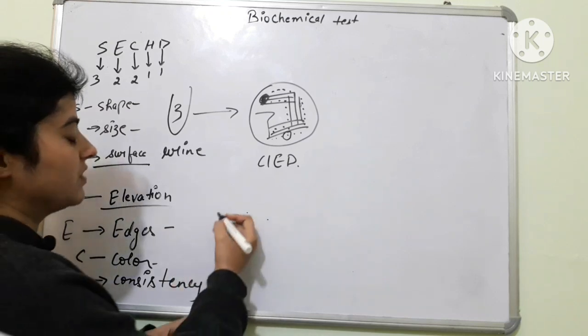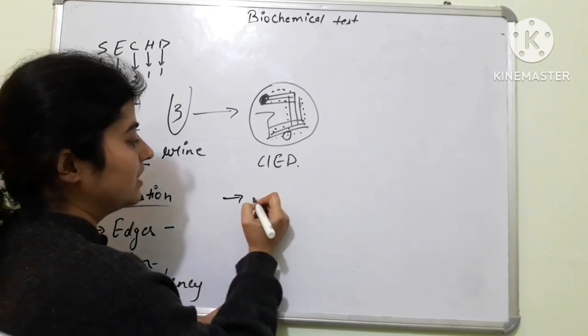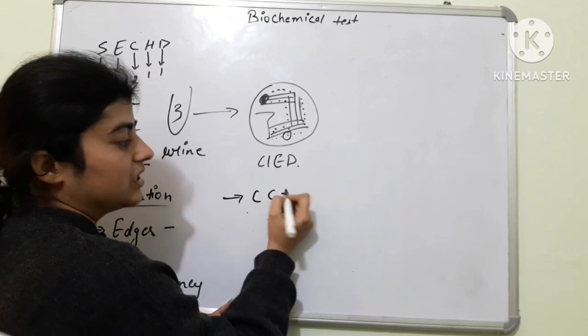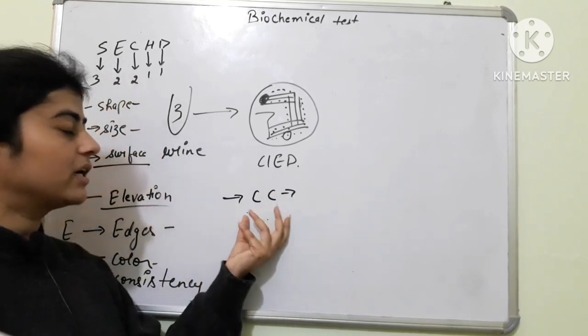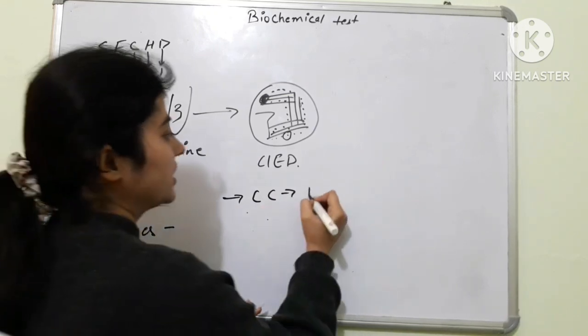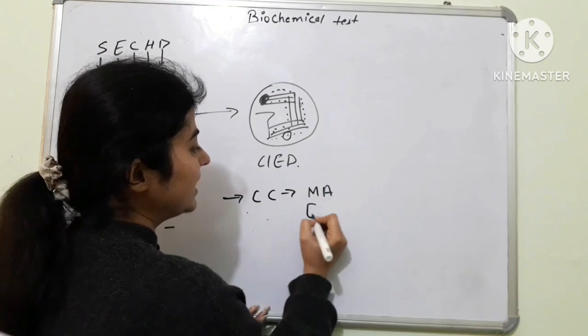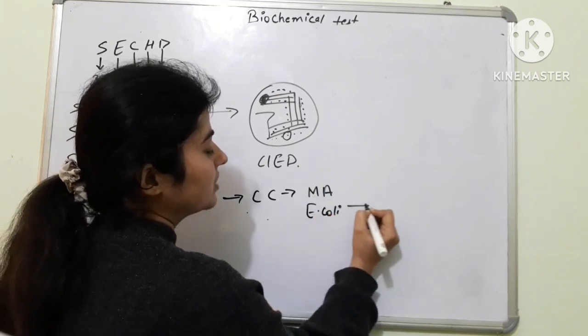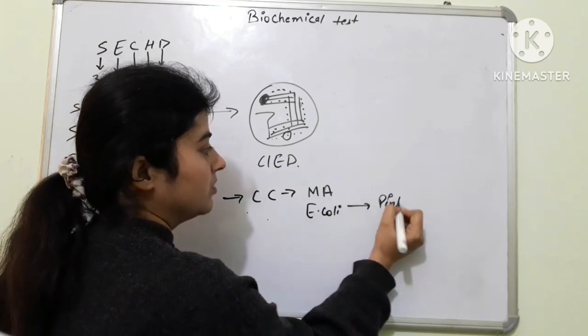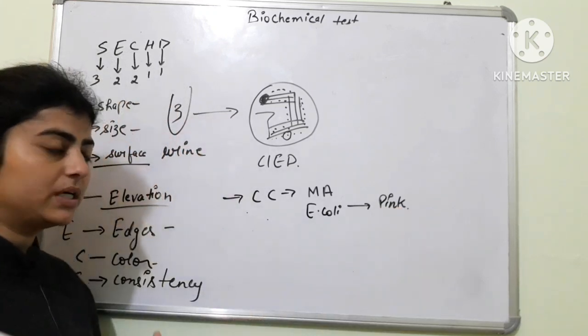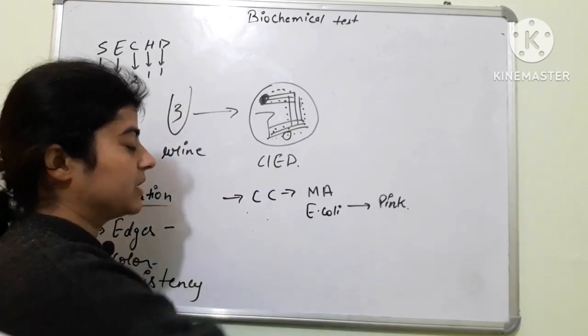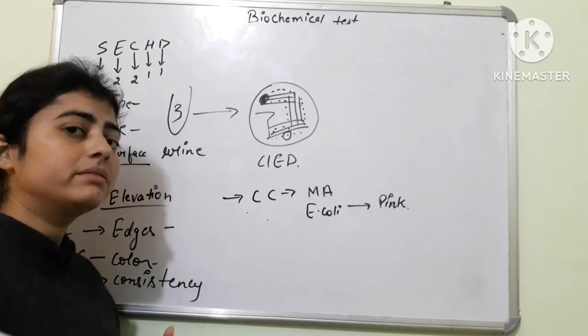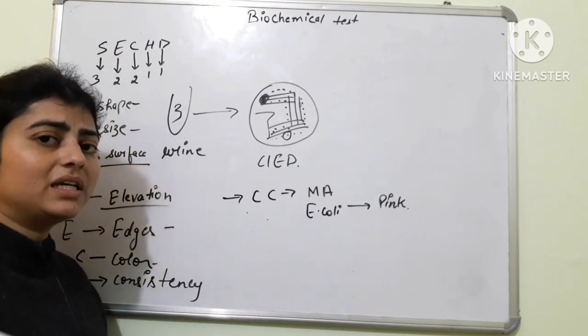For example, on MacConkey agar, E. coli produces pink colored colonies, because they are lactose fermenters. But there are many bacteria which do not form any color.